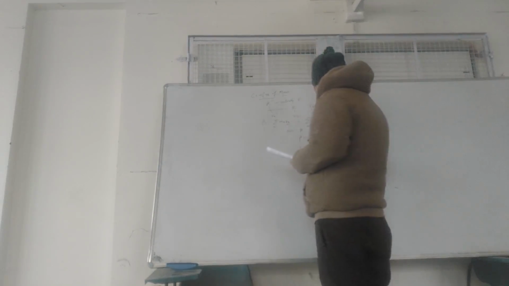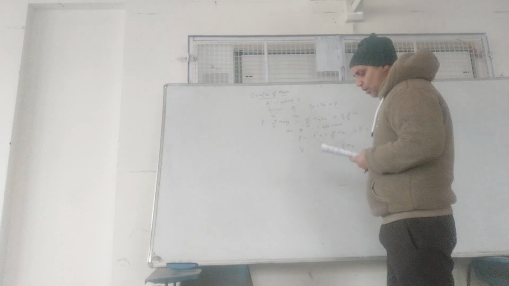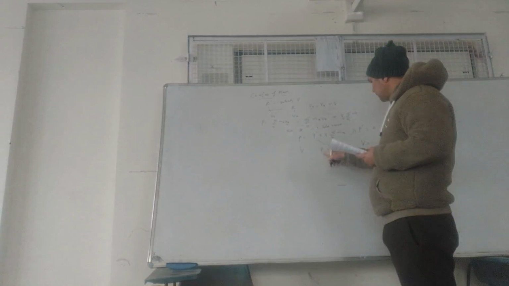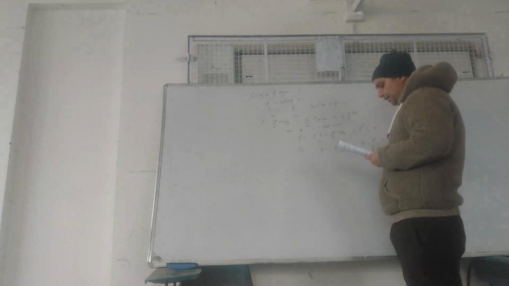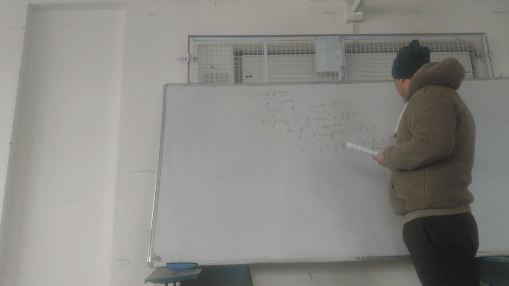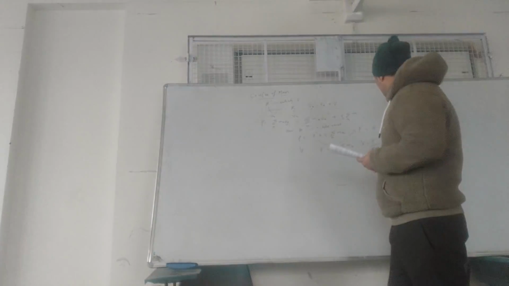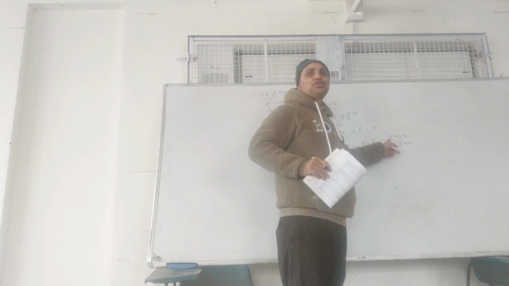So P will be equal to V times sigma m_a, or from this V will be equal to P divided by sigma m_a, which is sigma m_a v_a divided by sigma m_a. So this is the relative velocity of a body.